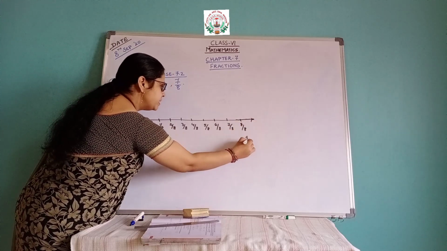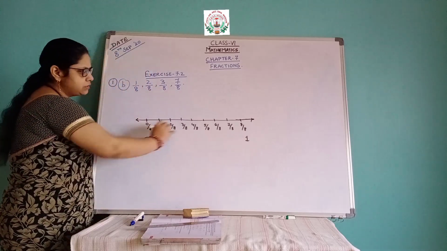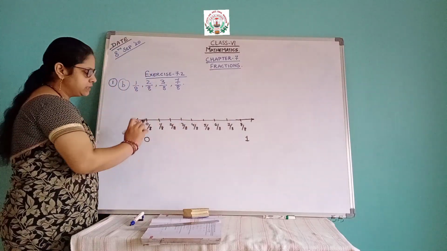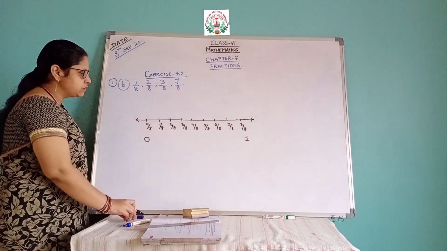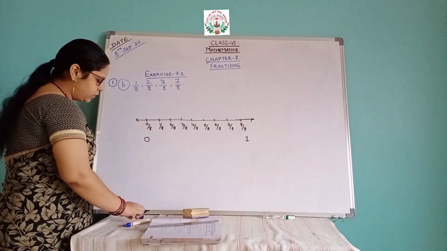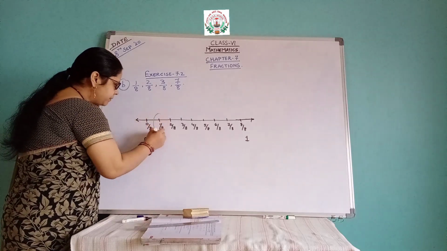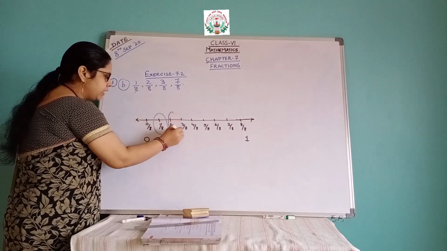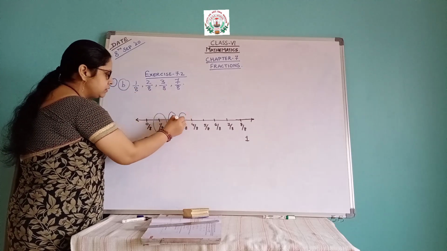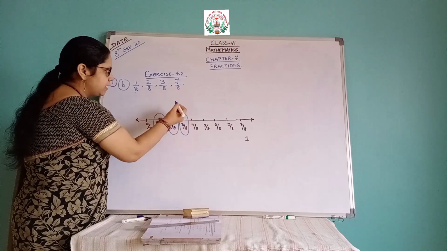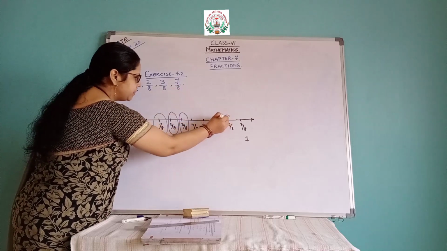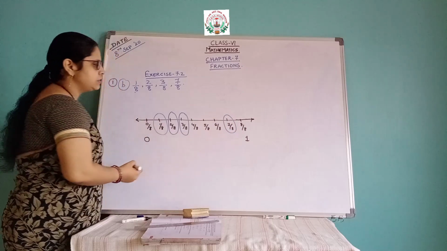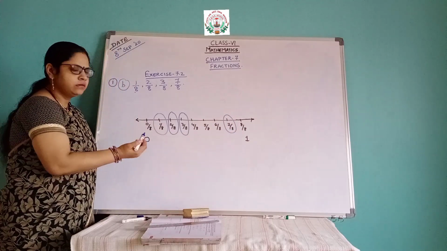This 8 by 8 means it is equal to 1. So all these markings you got, and just encircle the questions asked. Your questions are 1 by 8, first one, second is 2 by 8, third one 3 by 8, next one is 7 by 8. So these 4 questions were asked in your question.